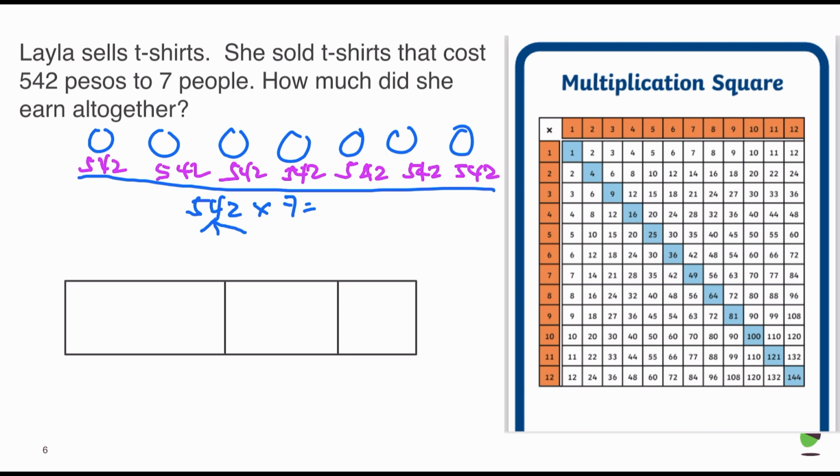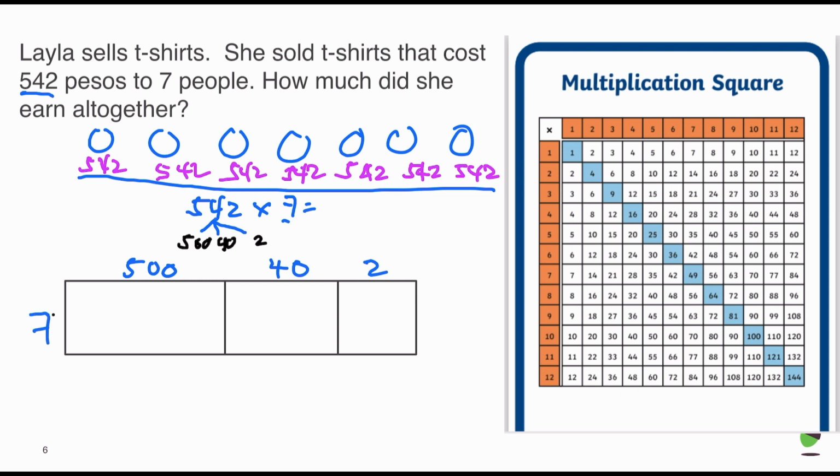Why? Because we have 3-digit number. So, paano natin yung ipapartition? So, we have 500, 40, and 2. That's what we're going to do or to put here. 542. How many times are we going to multiply 542? We have 7. So, we put 7 here.